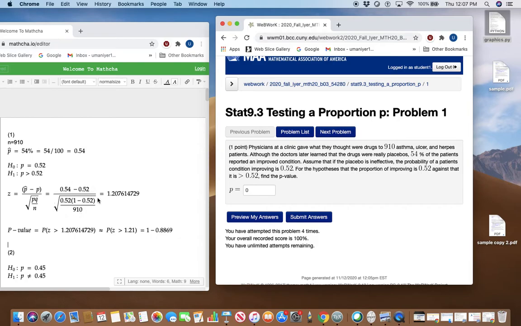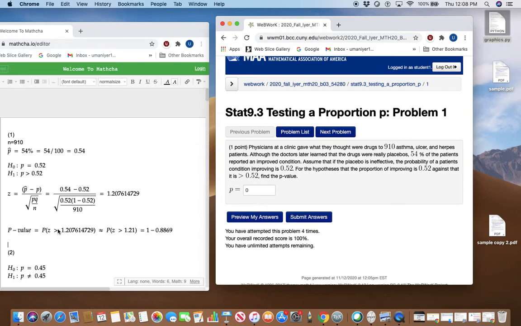You put all this in your calculator, you get 1.2076, and so on. That is the test statistic. P-value: because this is greater, it is a right tail test. P-value is the probability that Z is greater than the test statistic.